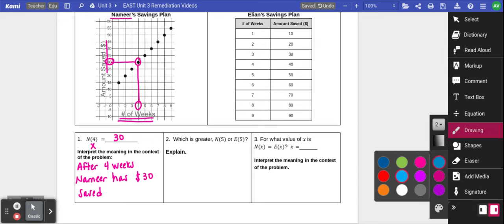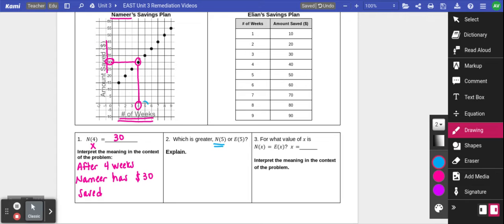In this case, it would be really helpful to find those numbers first. So to find N of 5, I'm going to look at how much money Namir has after 5 weeks, which is going to be $35. And I'm going to find E of 5, so I'm going to look at Elian's savings plan, and it looks like he has $50. So which one is bigger?